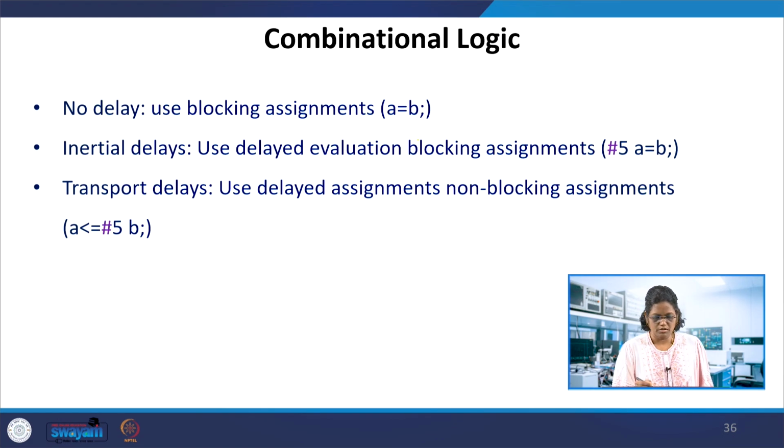So just to conclude, if there is no delay, use blocking assignments. That is very simple. If the inertial delay is to be mimicked in the behavior, then use the delayed evaluation with blocking assignment. For the transport delay, it is non-blocking with the intra-assignment delay. That's the key for the combinational logic.